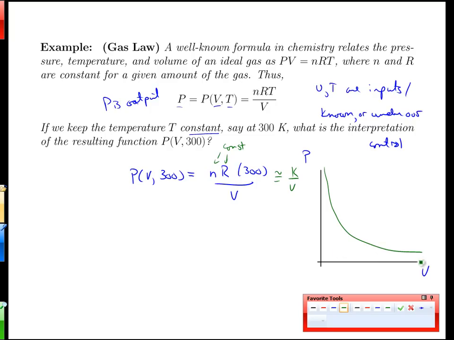As the volume increases, we make a larger and larger container, the pressure of the gas inside that container is going to get smaller and smaller. So we can piece together the interpretation of this multivariate function, or at least get an idea of how it's working, by considering what happens if we keep one of the values constant.